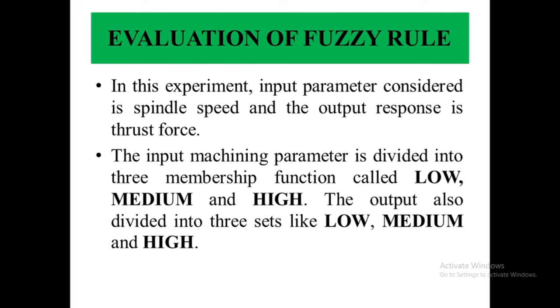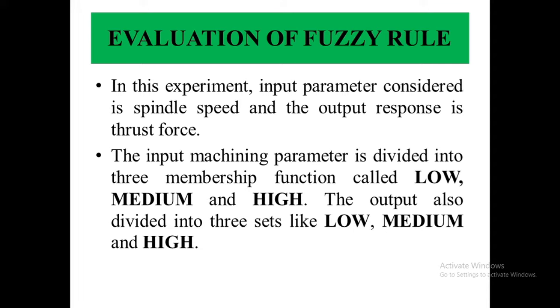After that, evaluation of fuzzy rule always follows in this drilling experiment. The input parameter considered is spindle speed and the output response is thrust force, as I already told. The input measuring parameter is divided into three membership functions, because defining the membership function is the initial step for a fuzzy logic operator. So the input parameter is divided into three membership functions called low, medium, and high.